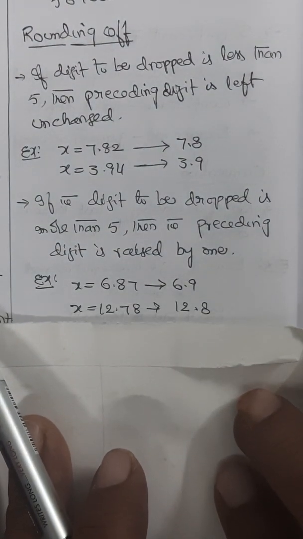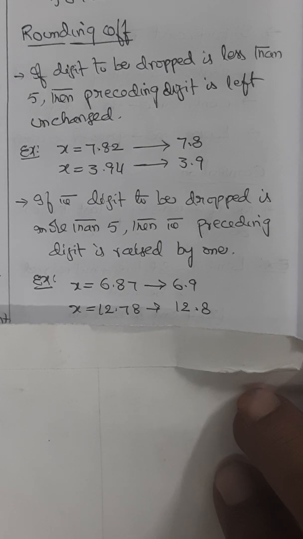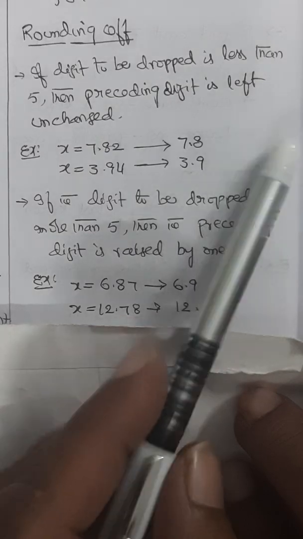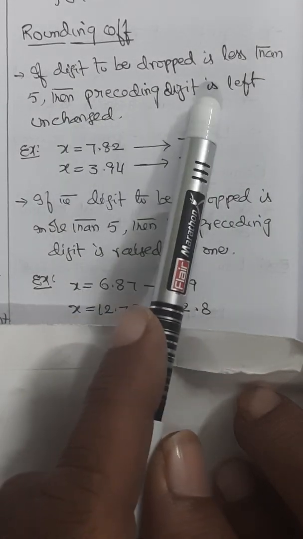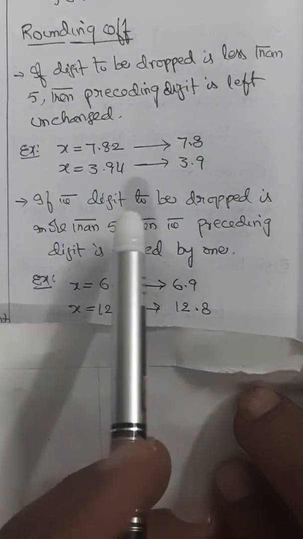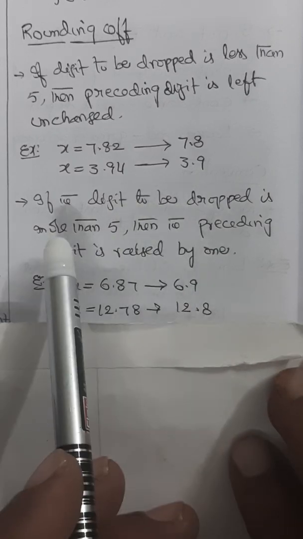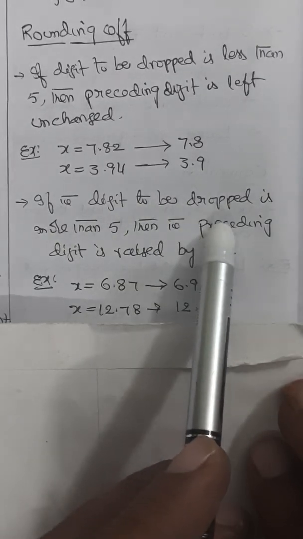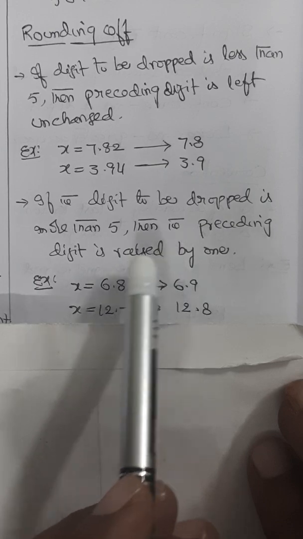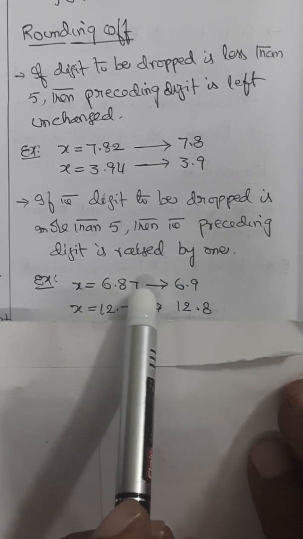Let us look at rule number 2. What does rule number 2 say? If the digit to be dropped is more than 5, then the preceding digit is raised by 1. Earlier, if it is less than 5, the preceding digit is left unchanged. Here, if the digit you are dropping is more than 5, then the preceding digit should be raised by 1. For example, you take x equal to 6.87.